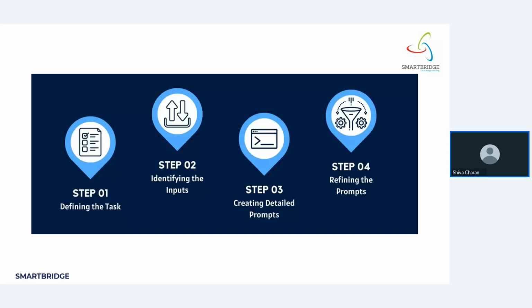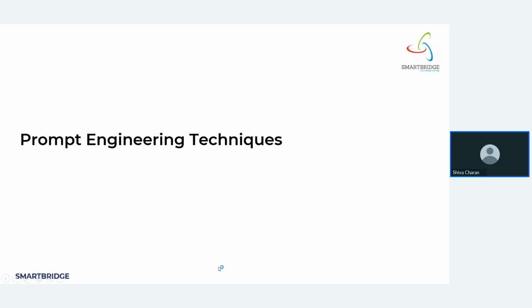We need to give the exact inputs as per our expected output, and make sure the prompt is written clearly. So a detailed prompt, and then refine the prompt if refining is necessary. Now we will be seeing some of the techniques related to prompt engineering.